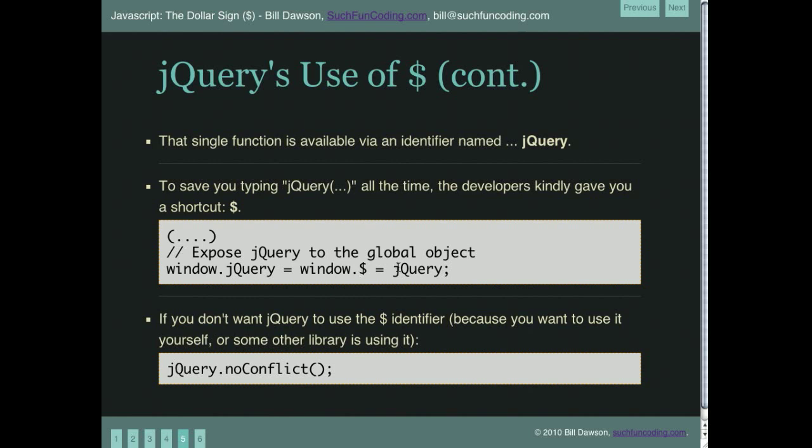By assigning the jQuery function to window.$, they're in fact giving you, a developer who uses jQuery, the ability to call jQuery with simply the $ by itself.